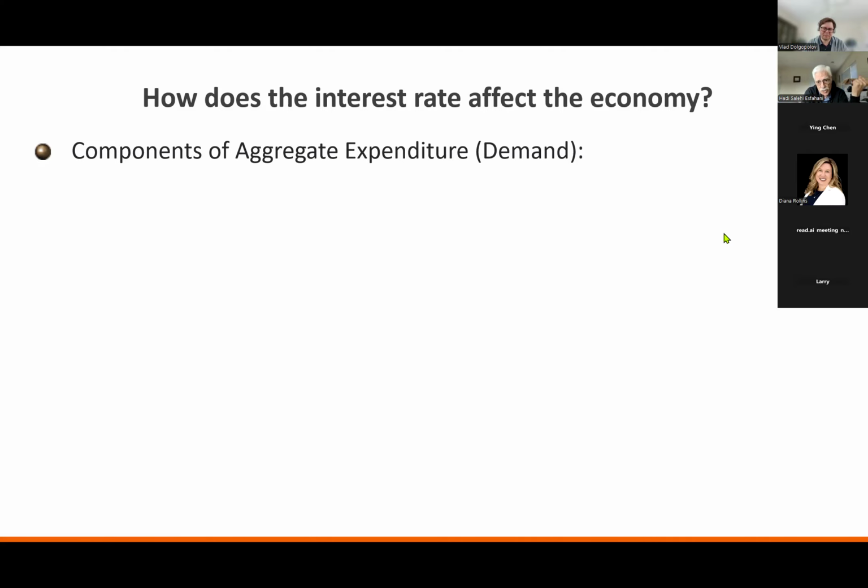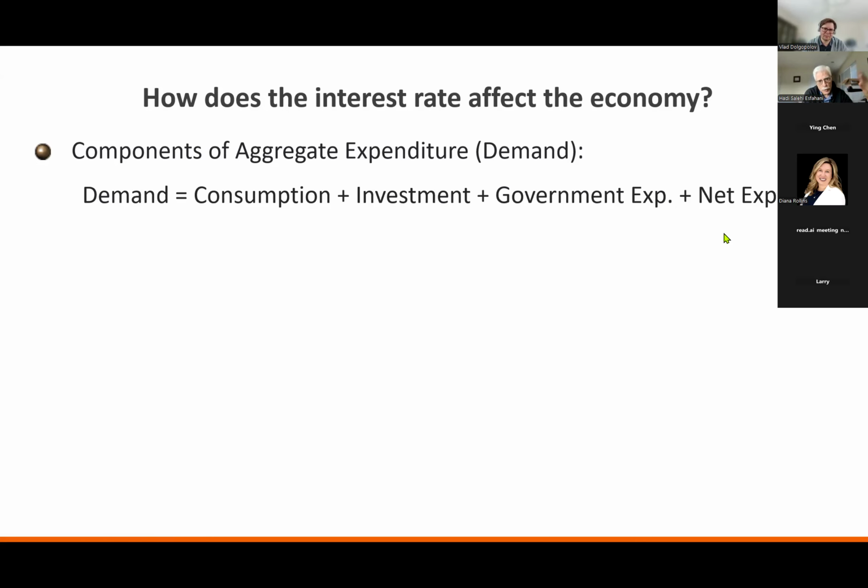You're probably very familiar with all this, but I review it to provide a background for today's discussion. Largely, interest rate affects components of aggregate expenditure in the economy. That's where interest rate comes into the real sector of the economy, the amount produced, the amount invested, etc. And there are four components, as you already probably know quite well: consumption, investment, government expenditure, and net exports.